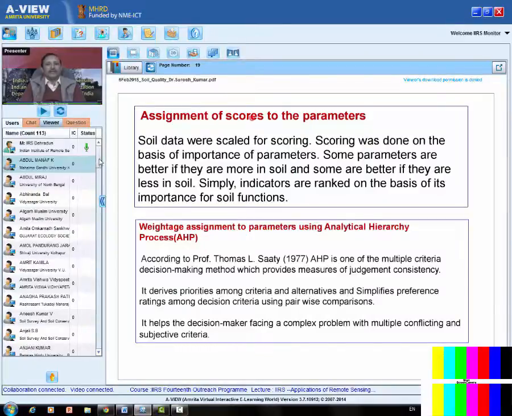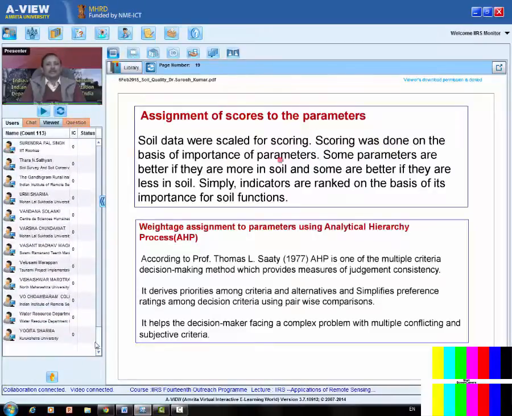When you are assigning the scores, scoring is done on the basis of the importance of the parameter. Some parameters are better if they are more in soil, and some are better if they are less in soil. For example, soil pH: if it is more, it is not good. If it is less, then it is good but not too low. So neutral pH is good.